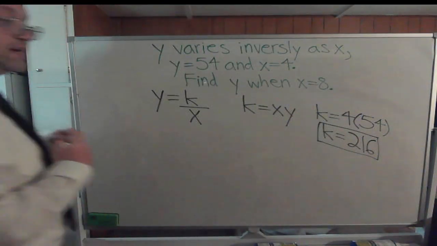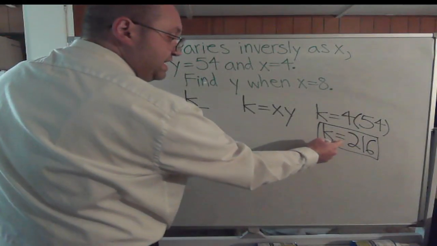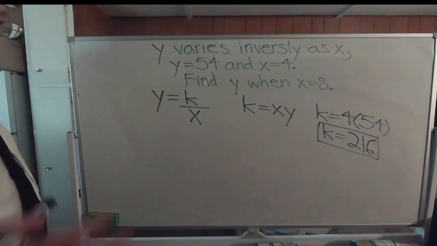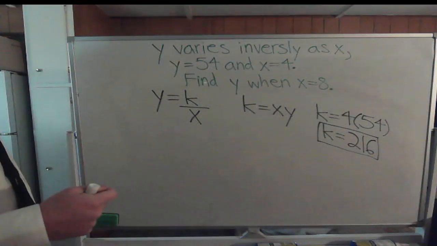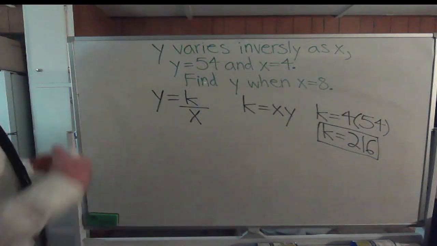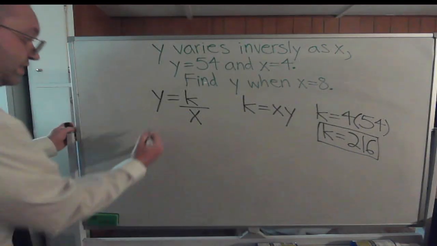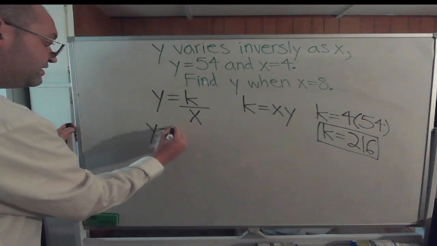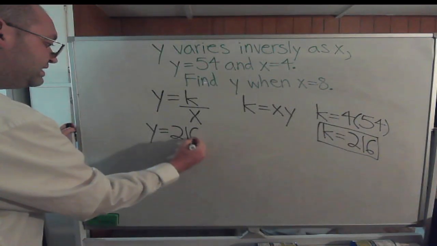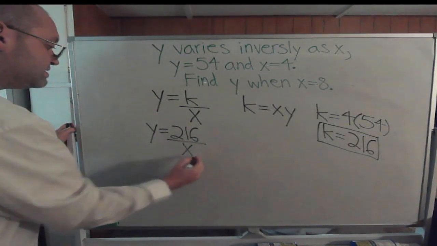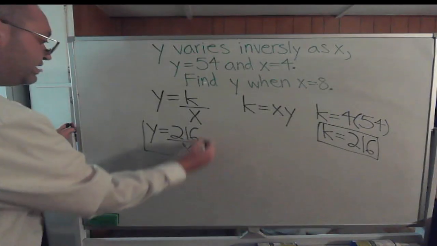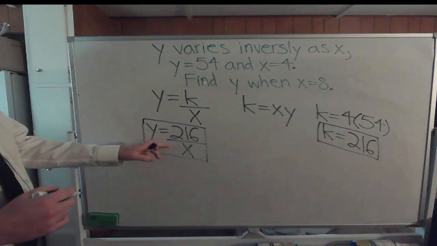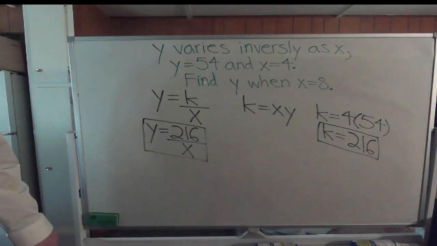So next step, like in direct variation, is to find the new equation that involves the constant of variation. That's going to be y equals k, which is that constant of variation of 216, all over x. So there is your new equation, y equals 216 over x.